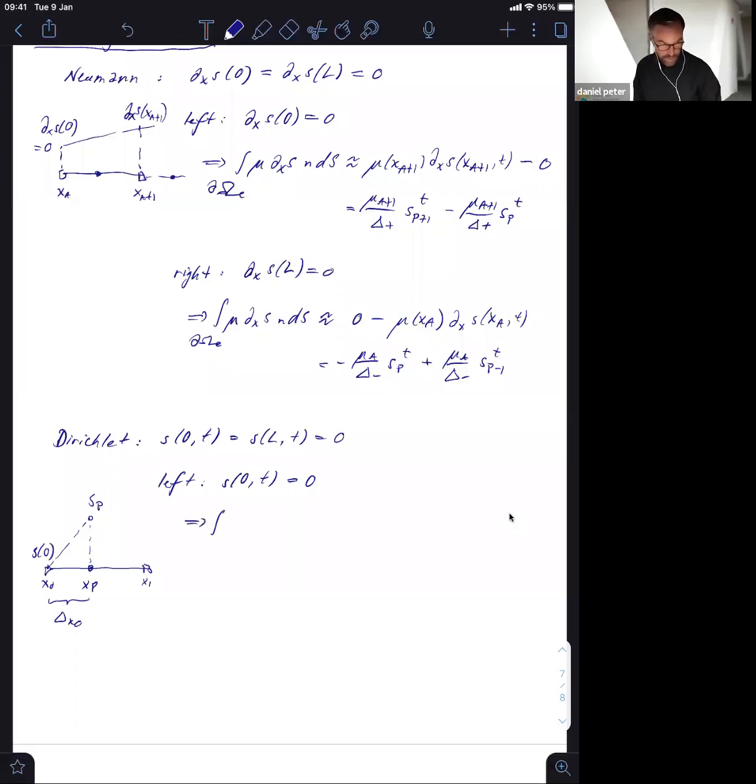So what we need is the stiffness term for that grid cell.